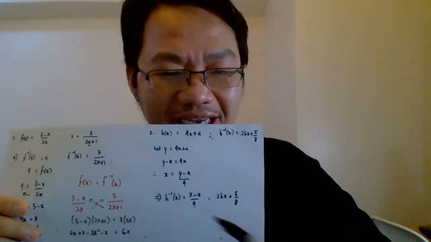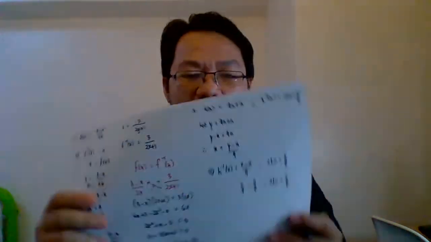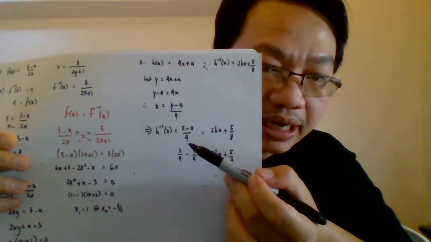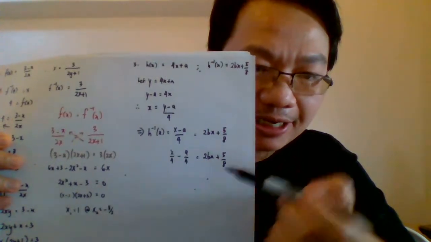Simplest becomes complex again. So it becomes x over 4 minus a over 4 equals (2bx plus 5) over 8.